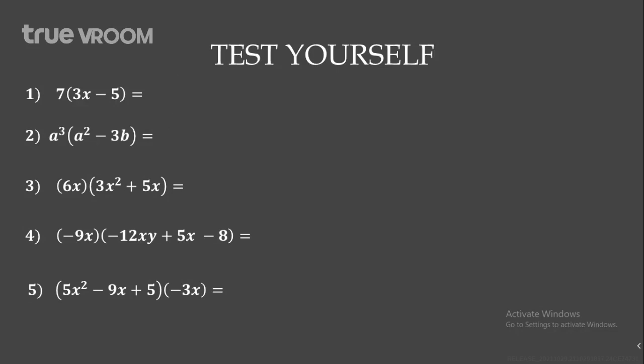7 times 3x, minus 7 times 5. So this is equal to 21x minus 35.